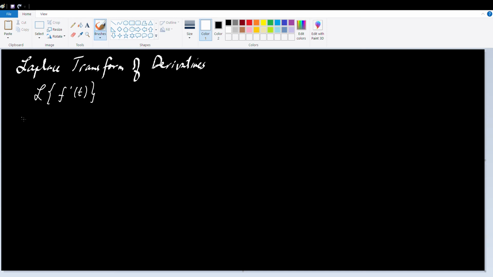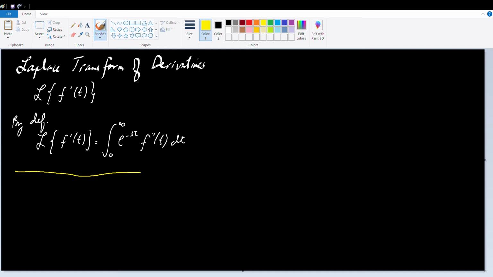By the definition, the Laplace transform of f prime of t is the integral from 0 to infinity of e to the negative st f prime of t dt. So we apply integration by parts.